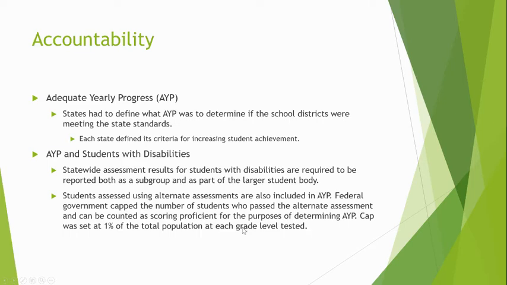So more than that might take the test, but the scores from only that 1% will be counted. Also, their results will be included in a subgroup of students with disabilities, but also as part of the whole student body, because they are part of the whole student body.